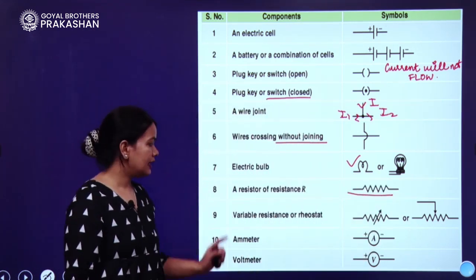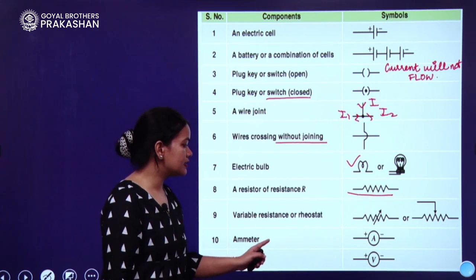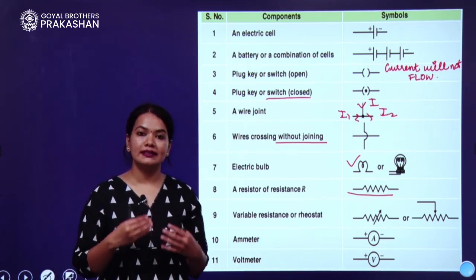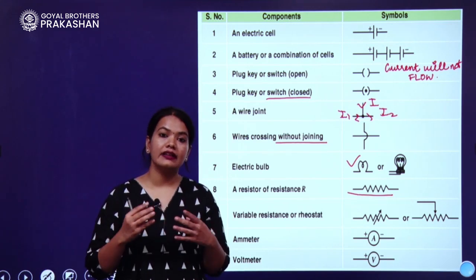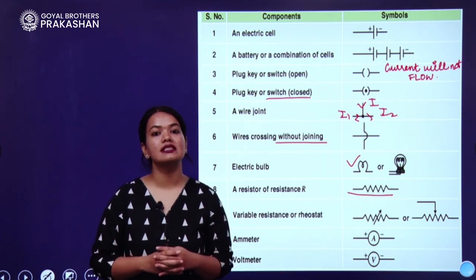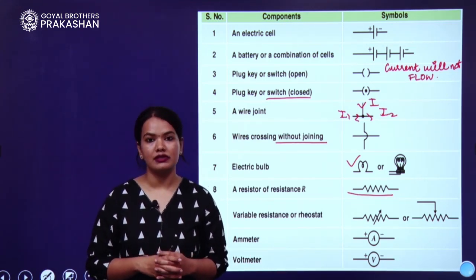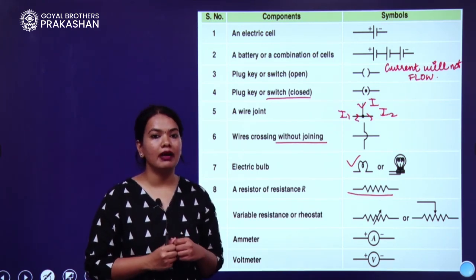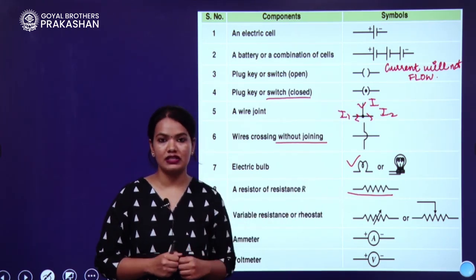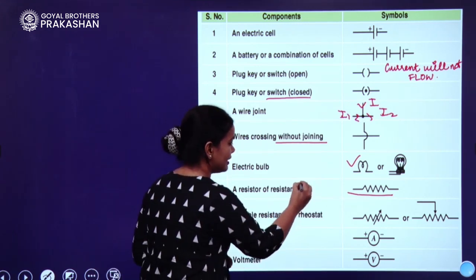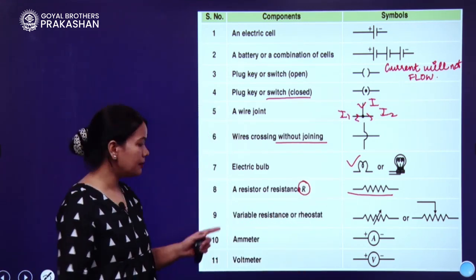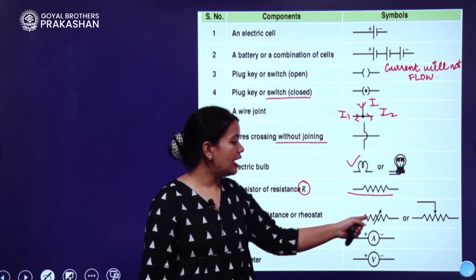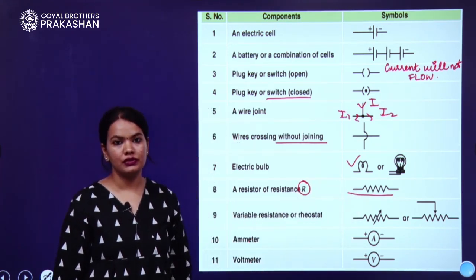Okay. Next, you have a variable resistance or rheostat. So, in the topic of Ohm's law, you will understand what is resistance, and then we'll discuss in detail what is a rheostat and what is a variable resistance. But for the time being, just for the basic understanding, keep in mind that in case of resistance, the value is fixed, let's say R. But in case of the variable resistance or rheostat, this R value can change, okay?